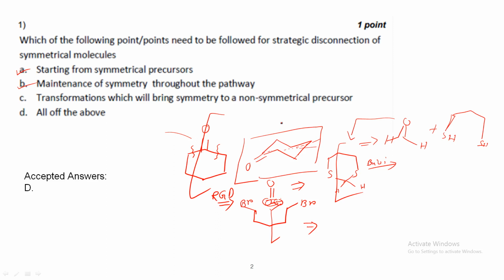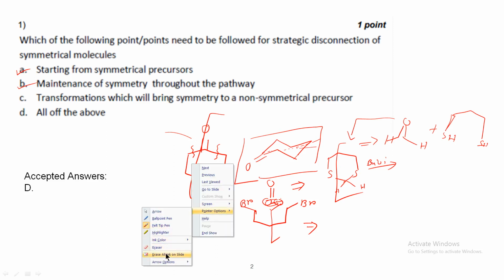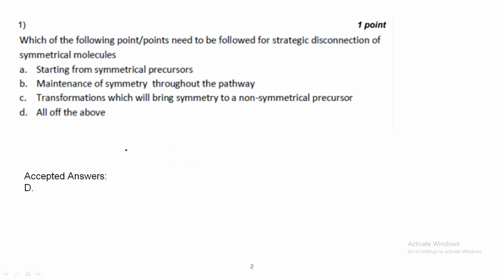For that kind of case, let's assume another molecule to make it easier. This time we have this kind of molecule. It contains symmetry, or a sigma plane. But let's try to maintain it and see what can be problematic.